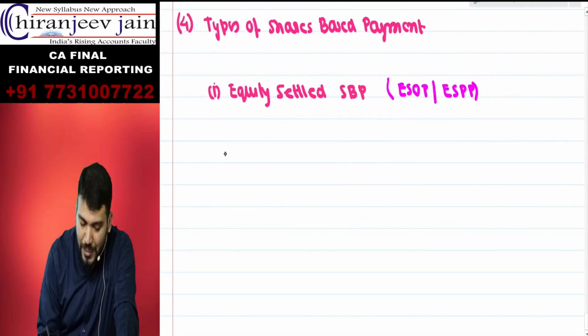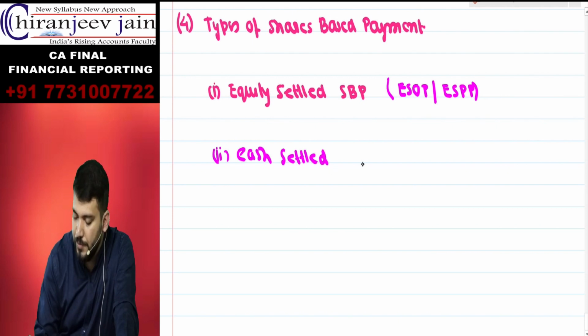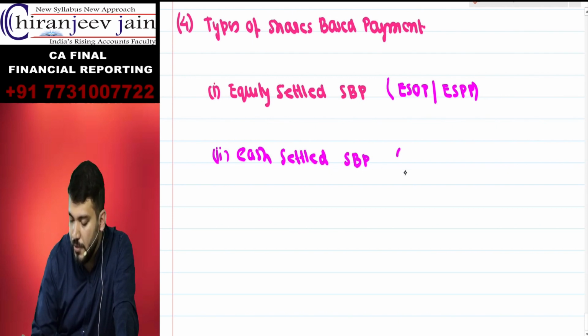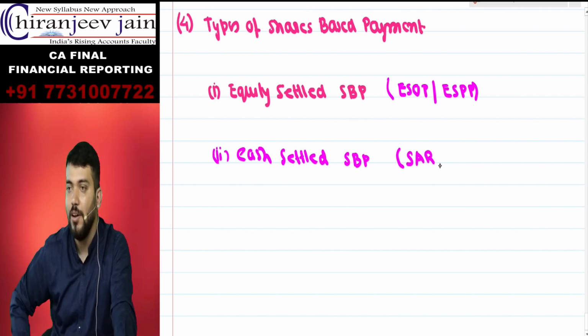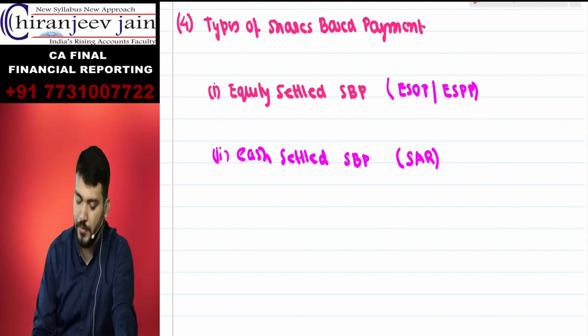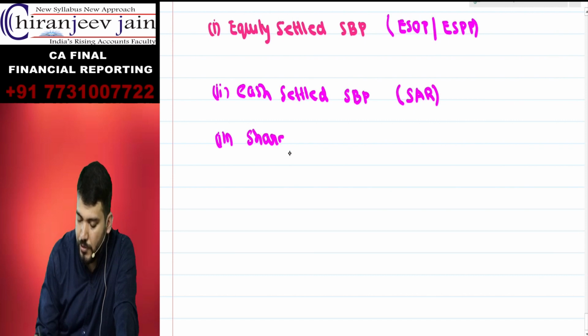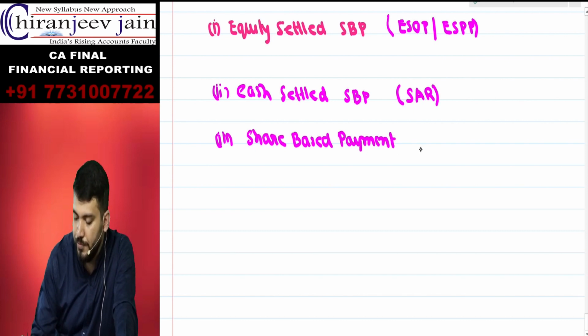So first this. Then we do cash settled SBP. This is known as SAR. SAR means stock appreciation right. Then point number 3, share based payment with cash alternative.